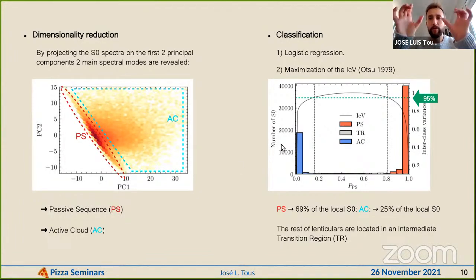And then to univocally distinguish the 2 modes, we find the 95% of the interclass variance between this distribution to define the 2 modes. So all in all, at the end of the day, we have that 70% of our sampled S0 galaxies belong to the passive sequence mode, whereas 25% belong to the active cloud mode. And we have very few objects lying in between the 2 modes that we name transition region galaxies, and I won't discuss them today.